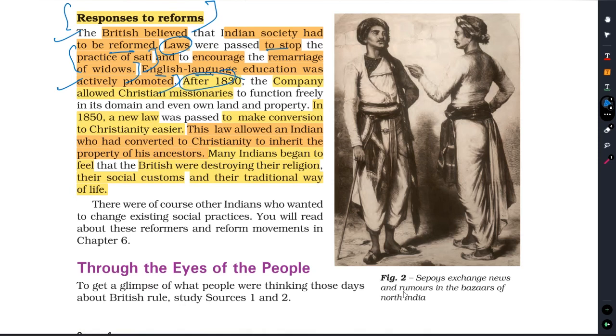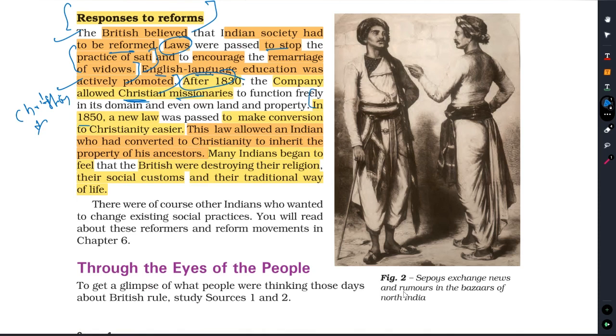After 1830, the company allowed Christian missionaries. These were the organizations which used to spread the Christian religion. They started to convert non-Christians into the Christian community.